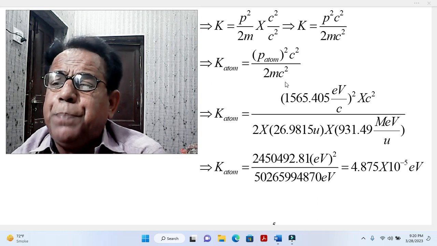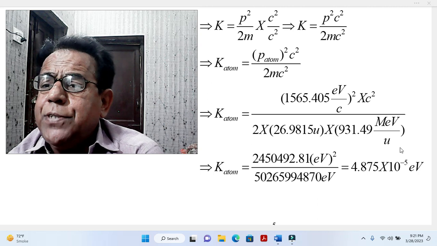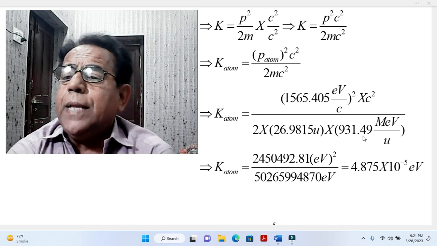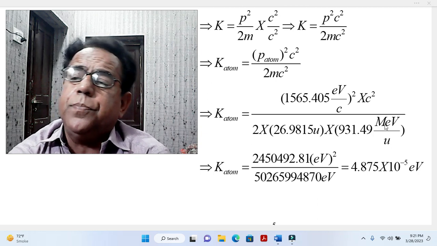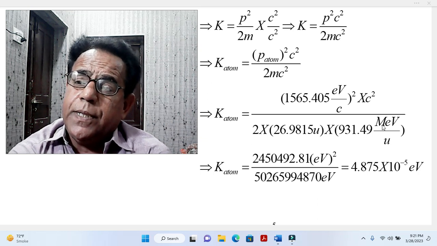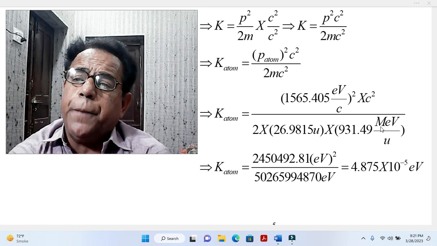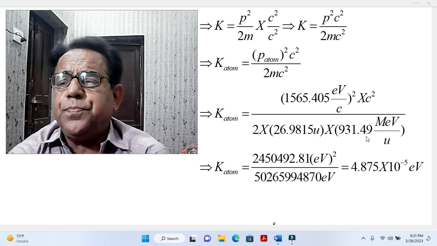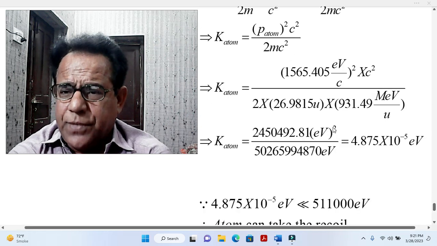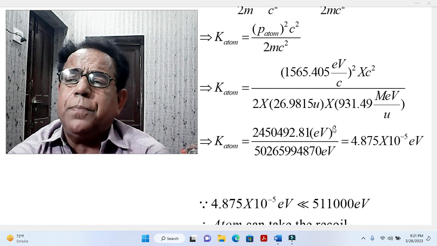So in place of m we have used this value, and in place of c square we have used this value. This value is also given in many tables. I think it should be clear. In case of any doubt, you can watch this video slowly as you like. I have done my work quite satisfactorily as per my understanding.